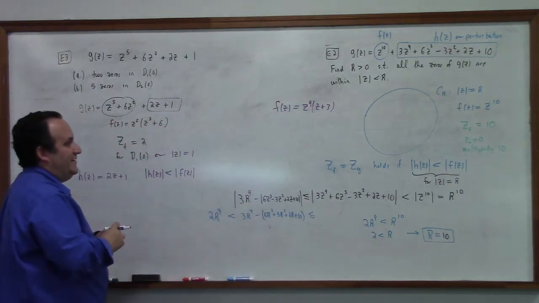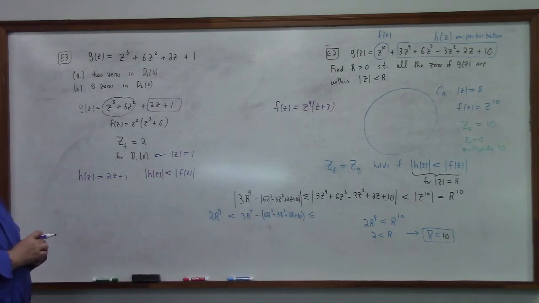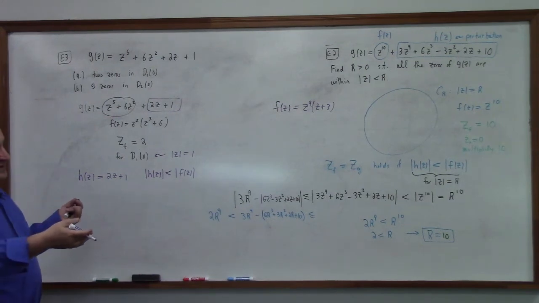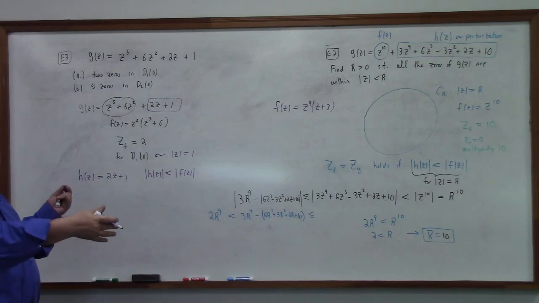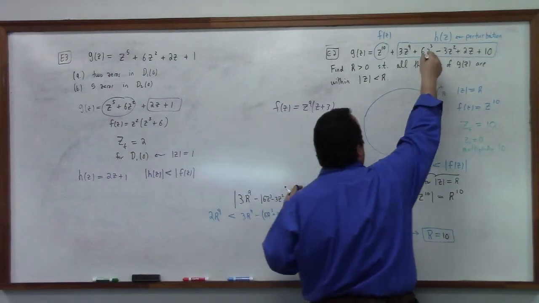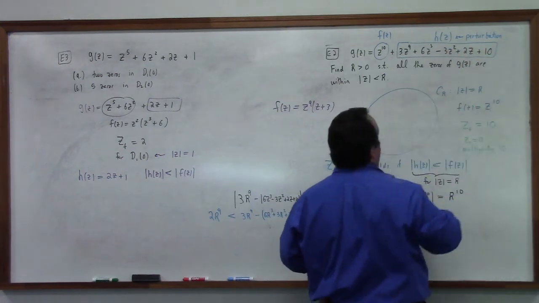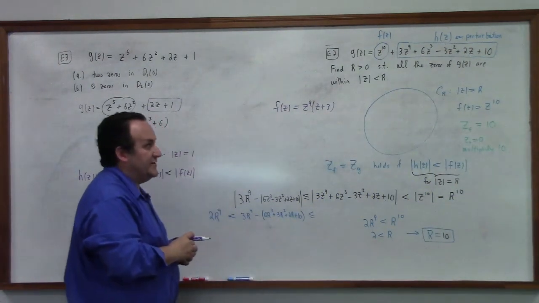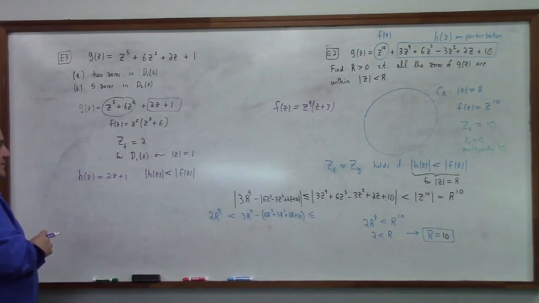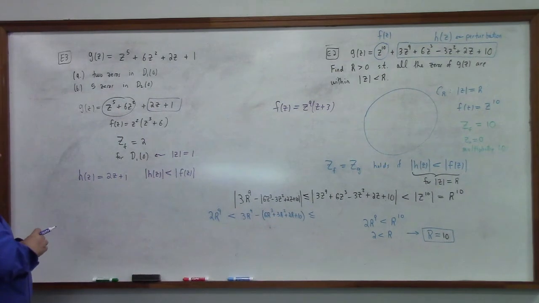That starts to show you why you need a radius bigger than 3. If the radius of our circle is larger than 3, then we can look at the perturbation as just the third order stuff down here, and that's a little bit easier to sort through. That's a good idea for fixing that.